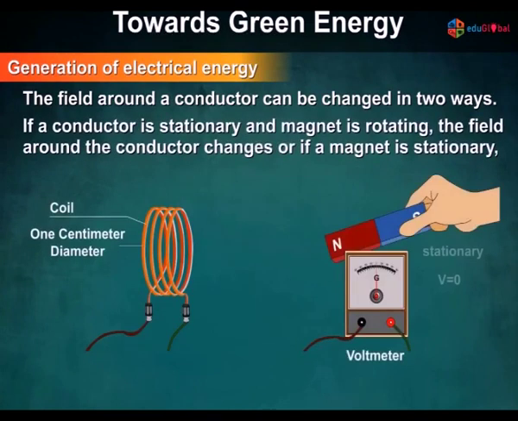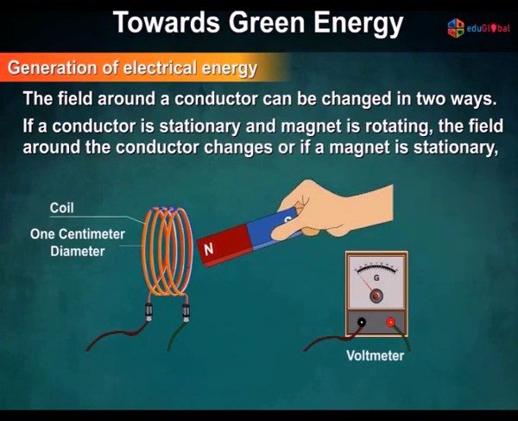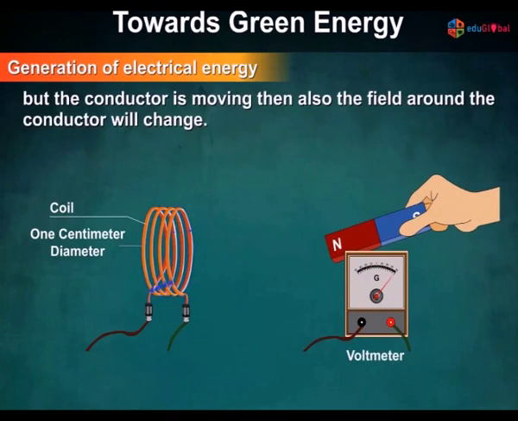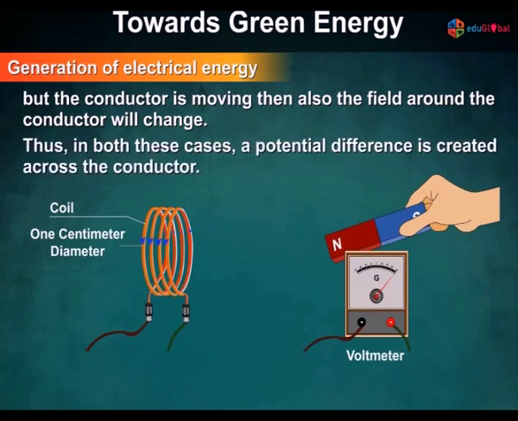If a conductor is stationary and a magnet is rotating, the field around the conductor changes, or if a magnet is stationary but the conductor is moving, then also the field around the conductor will change. Thus, in both these cases, a potential difference is created across the conductor.